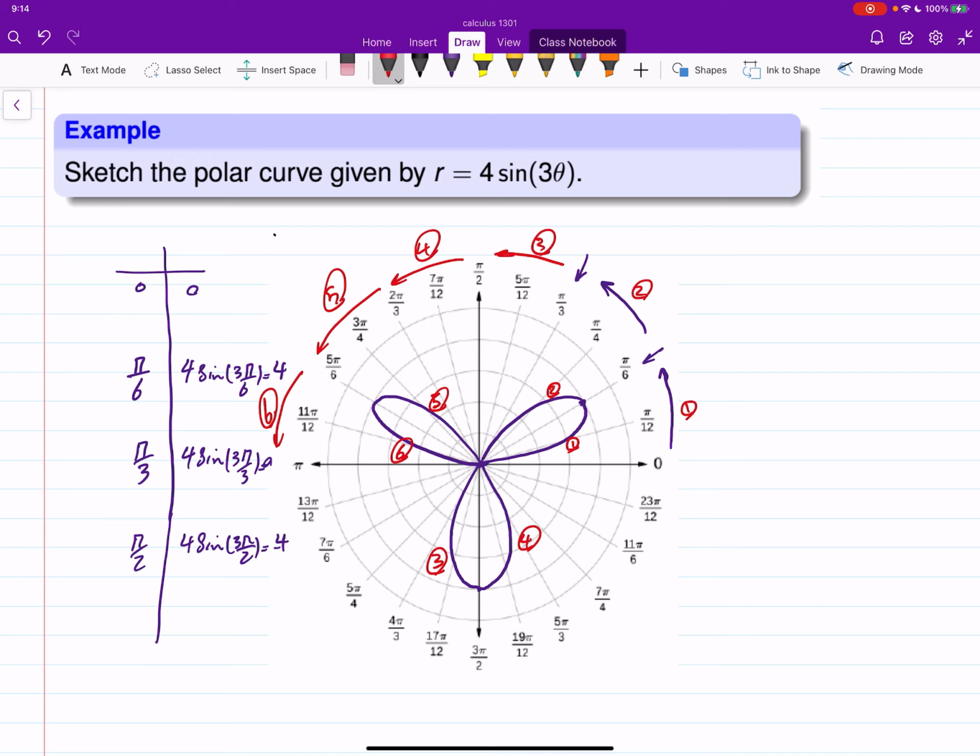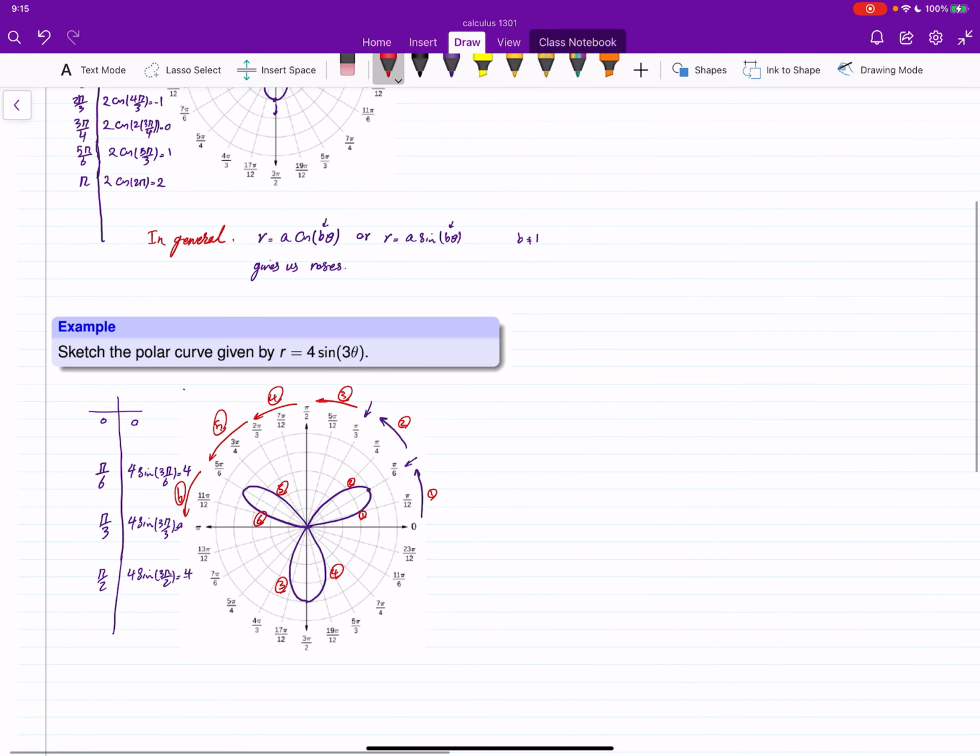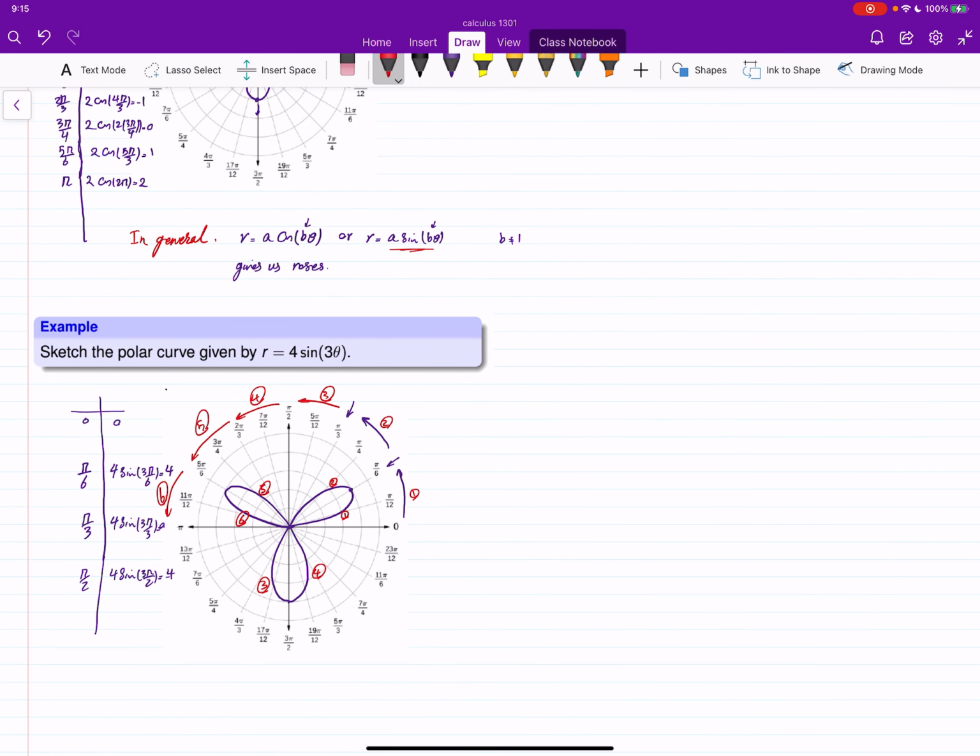Then from that point, you repeat exactly what we had before. So it will go over the rose another time. And yes, so you have to be able to see what is going on and be able to sketch these ones. In general, you have to know how these graphs work.